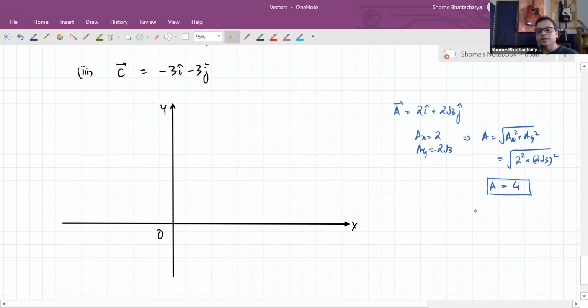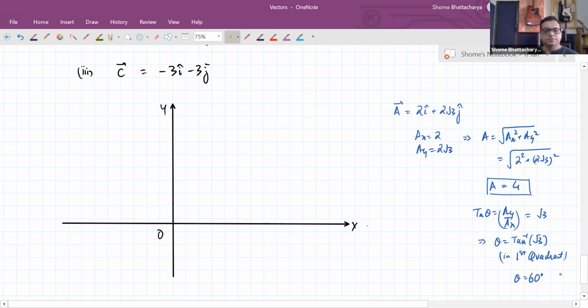Okay. And also you can see the angle it makes with the x-axis: tan theta is ay by ax. So in this case, that becomes root 3. So you can see theta is tan inverse of root 3. And you can see ax and ay are both positive, so it's in the first quadrant. We can see that theta will become 60 degrees.